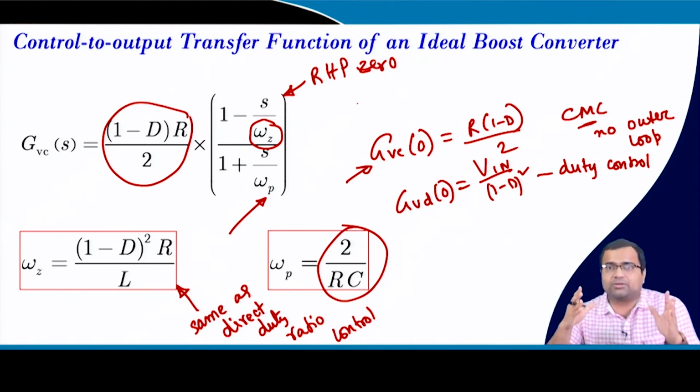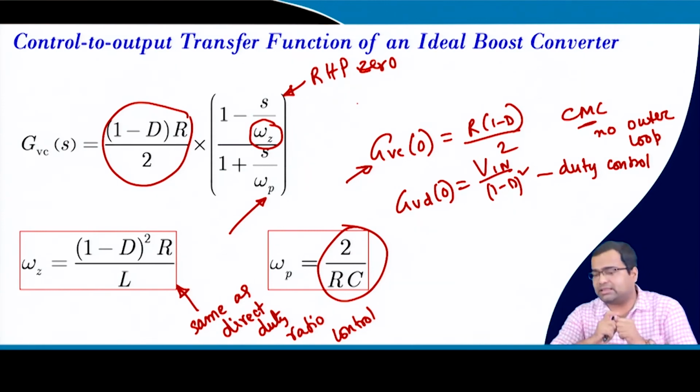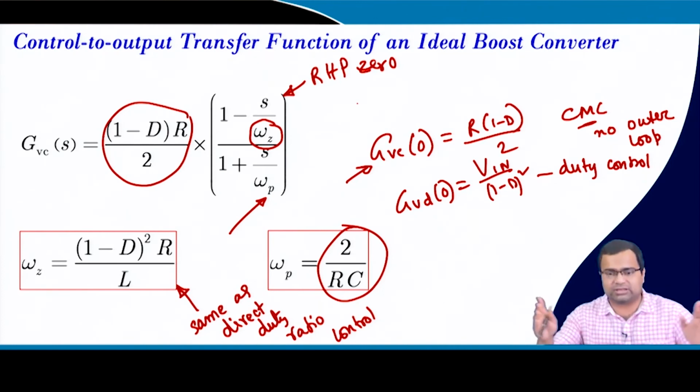Because of the complex conjugate poles it has poor phase margin, and it also has a bandwidth limit due to the right half plane zero. So, the boost converter has a real problem in voltage mode control, and that is why it is very hard to control a boost converter under voltage mode, particularly when you are considering a wide operating range.